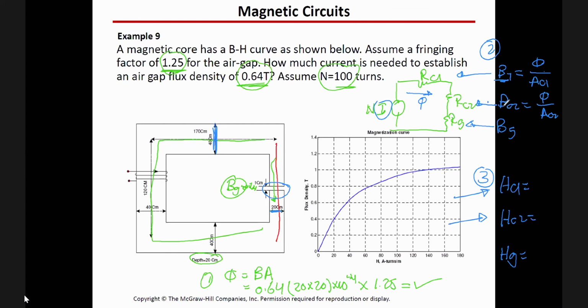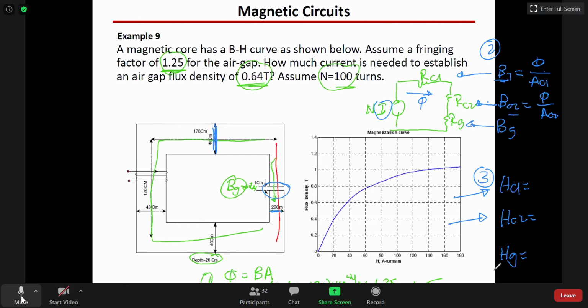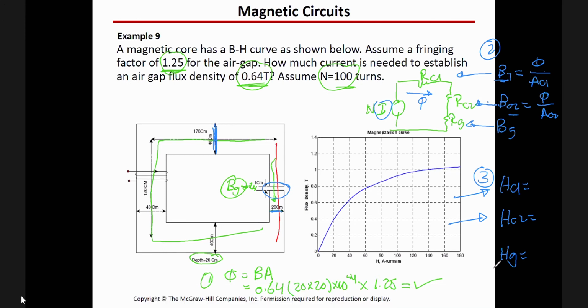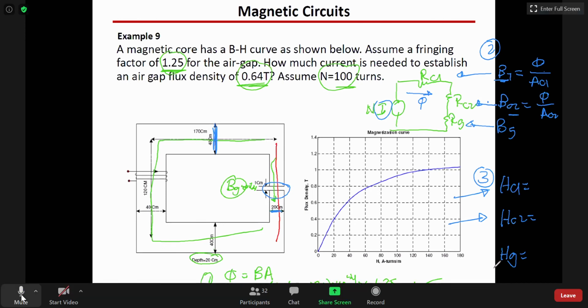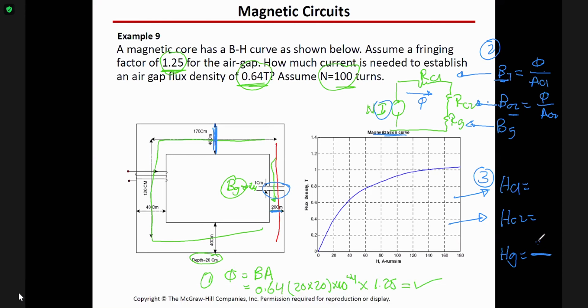Once we know BC2, we go to the plot to find HC2. What about the air gap, HG? It's not from the curve, because this curve is only for the material. For the air gap, we go to the equation, which is B over mu naught. That's it.